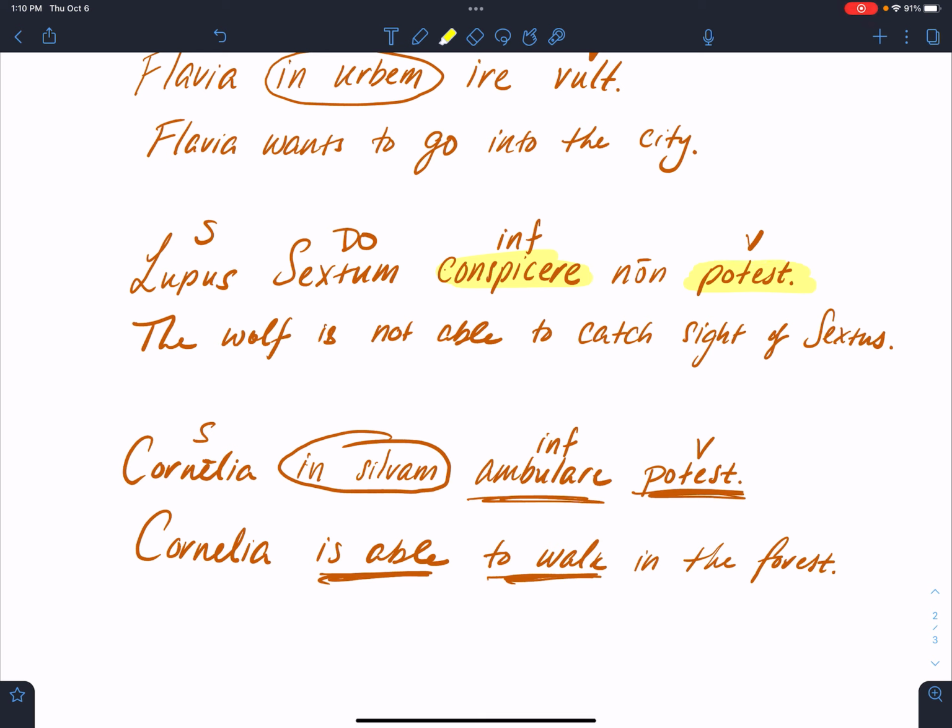If the author wants to make a point, sometimes they'll flip the typical word order to draw attention to that one thing. And in poetry, oftentimes they do that, which is cool. It's hard, but it's cool. English can't do that. That's why Latin poetry is so cool.